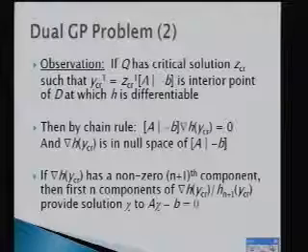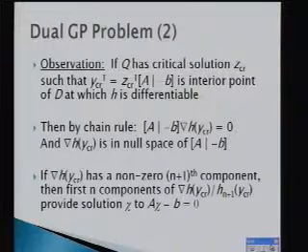If Q has a critical solution z critical such that its image, y critical, is an interior point of D, I've drawn it that way here, at which h is differentiable, then by the chain rule we have an important relationship here.